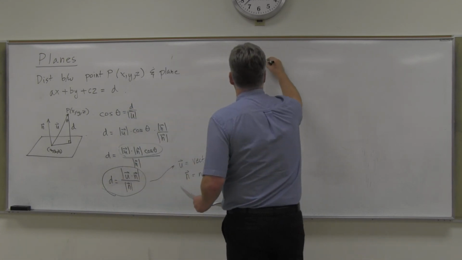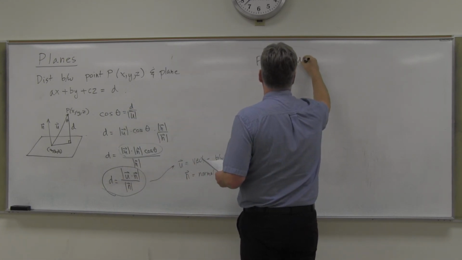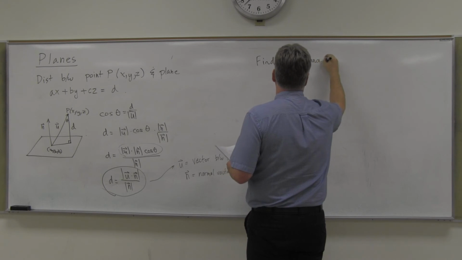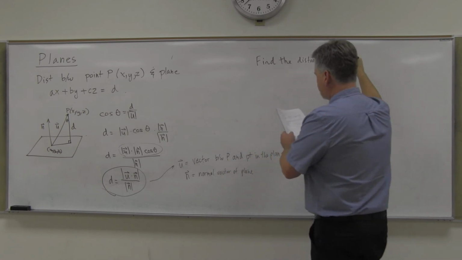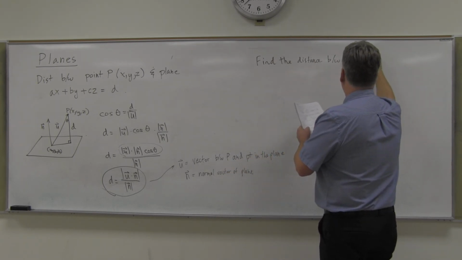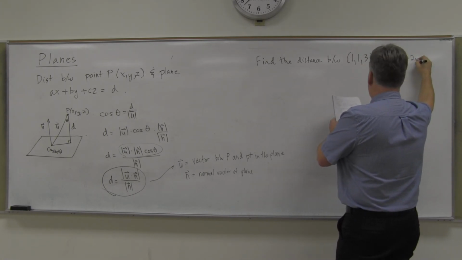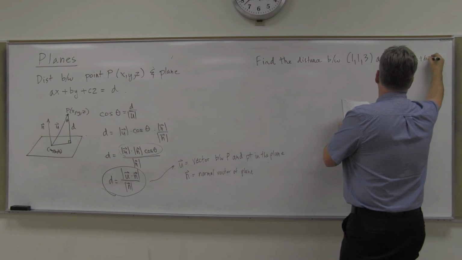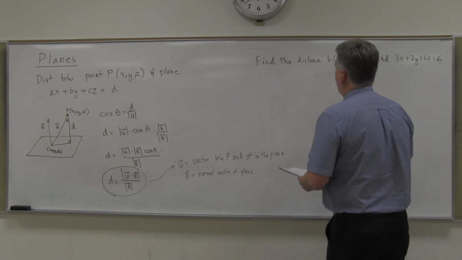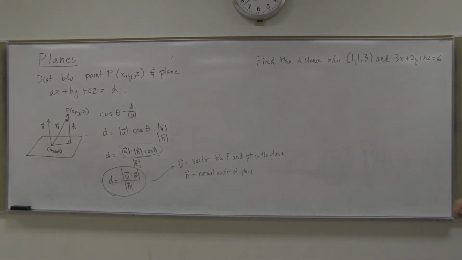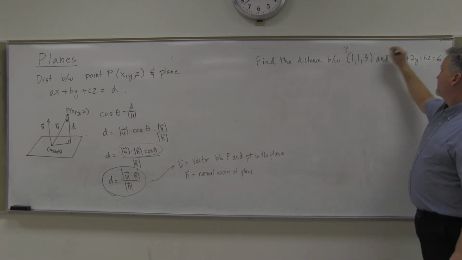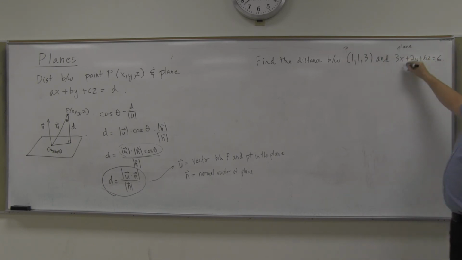All right, so find the distance between the point 1, 1, 3 and the plane 3x plus 2y plus 6z equals 6. So there's our point P, there's our plane, which has a normal vector.